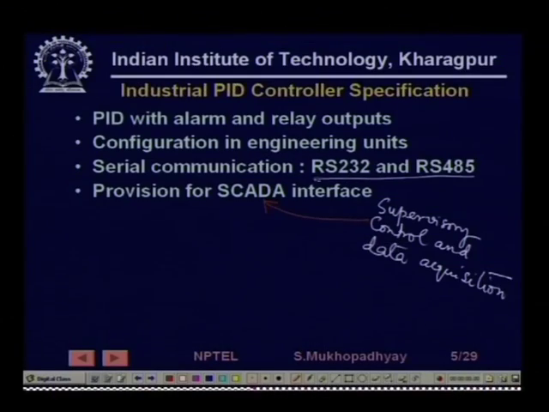So, this is usually provided. This can be done using these communication standards and interfacing it with a PC, and then using visualization software. There are very good visualization softwares available on the PCs. So, you could use them.